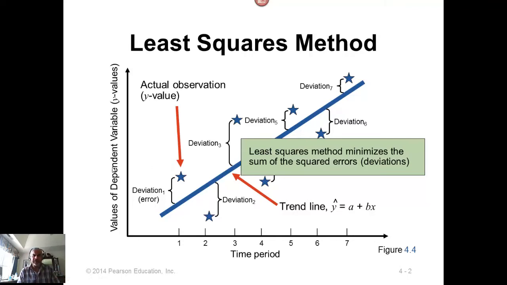Now our objective is to find a line that will minimize that sum of squared error, least sum of squared error. So that is the reason why this is called least squares method, and when we follow this approach, we can derive the formula for a and b as follows.